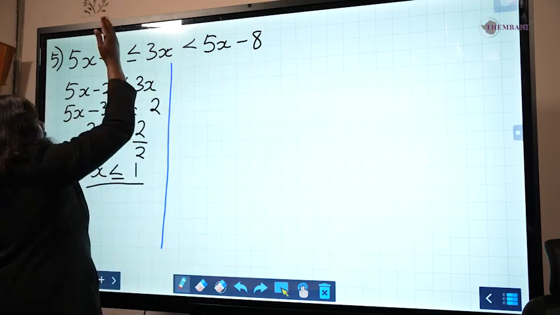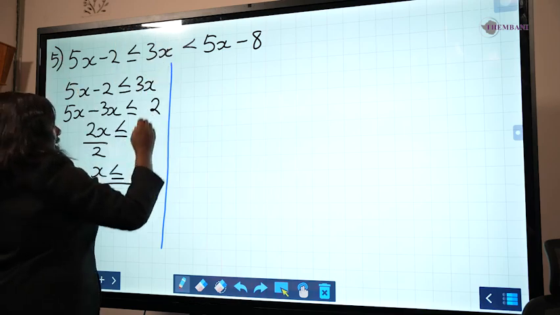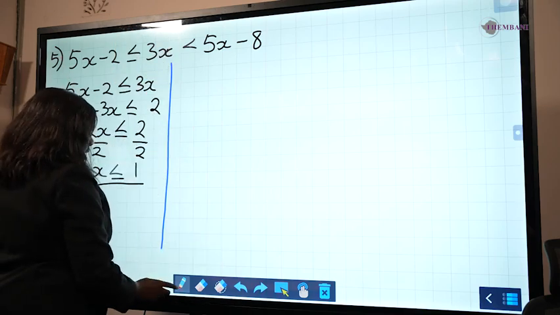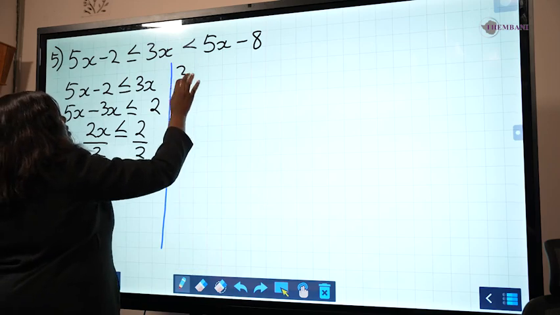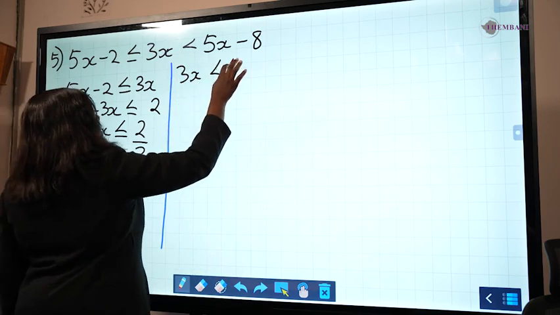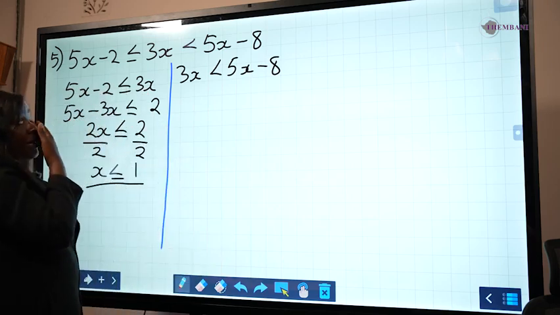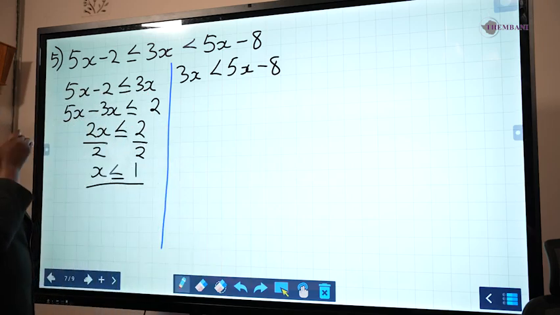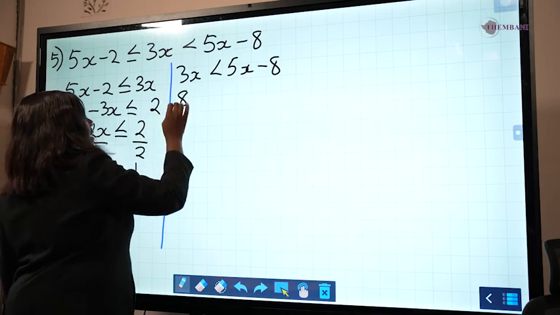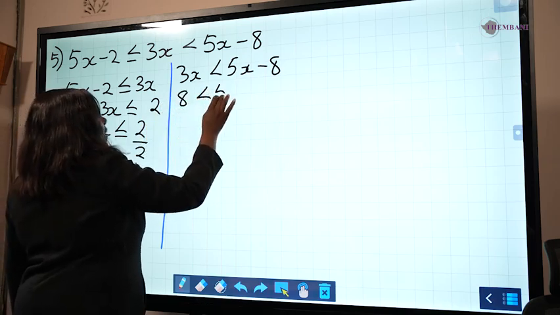The other part, we are going to close off this inequality sign and focus from 3x there. So we have 3x less than 5x minus 8. I'm going to avoid dividing with a negative by moving the 3x that side and the 8 this side. So if the 8 crosses the inequality sign, it becomes a +8 is less than 5x.